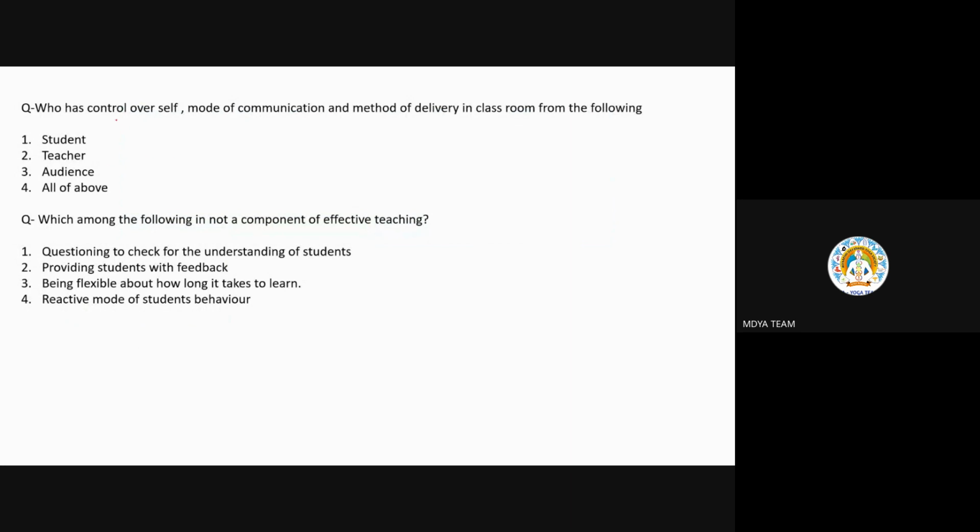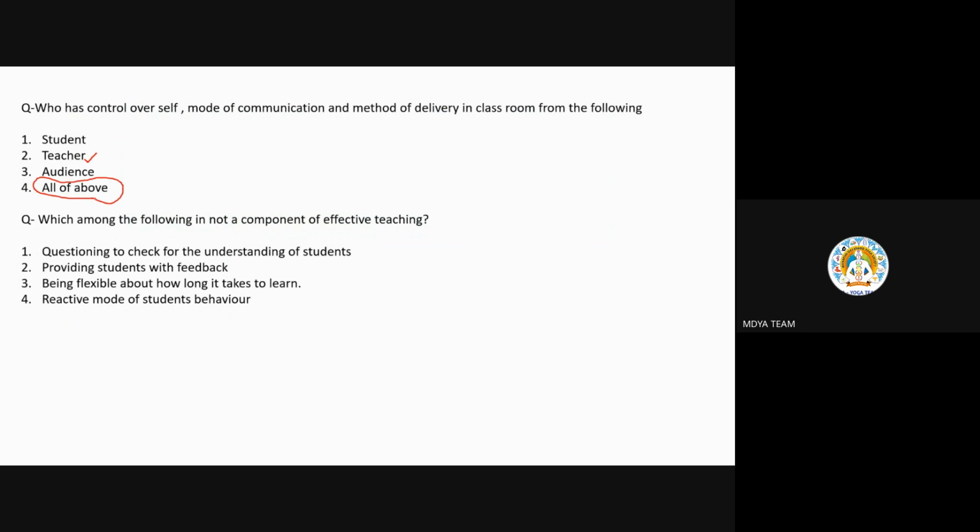Now the next question: who has control over self, mode of communication, and method of delivery in the classroom? Teacher. Yes, the correct option is teacher. In this question, many students will get confused by the option all of the above.